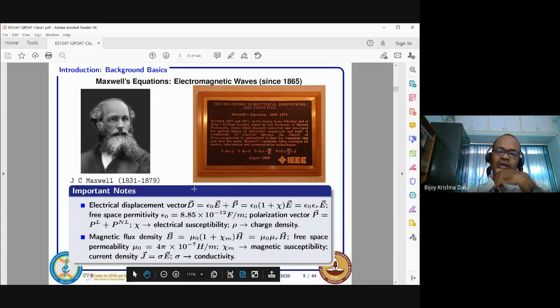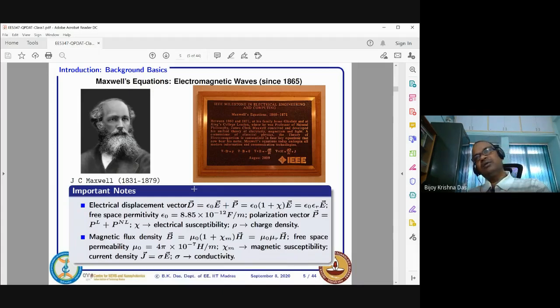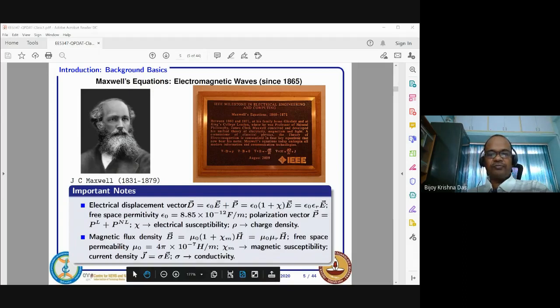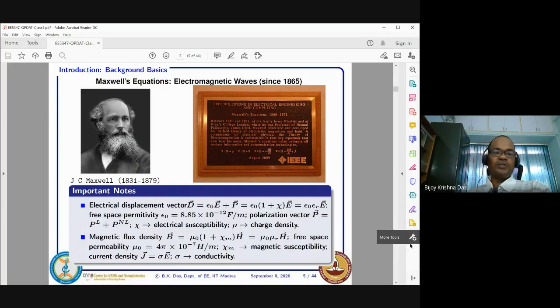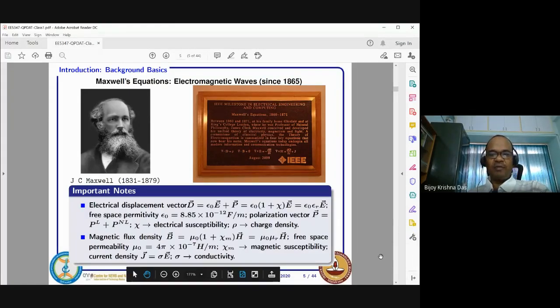Before that, light waves and optics were known for a long time, and it is not that you started using them only after Maxwell. Before Maxwell, people used light waves for different scientific and engineering applications, in optical sciences.